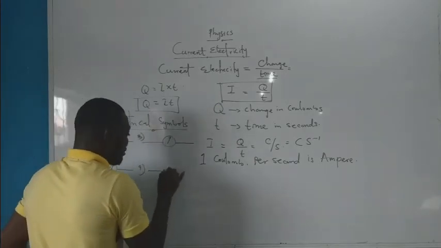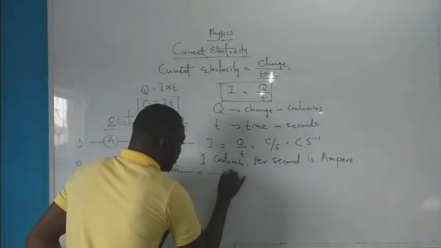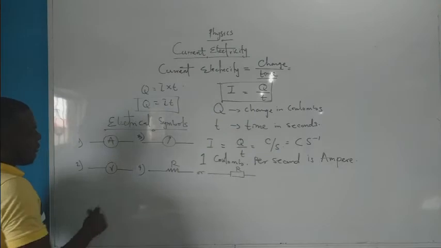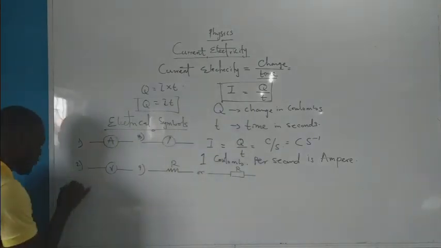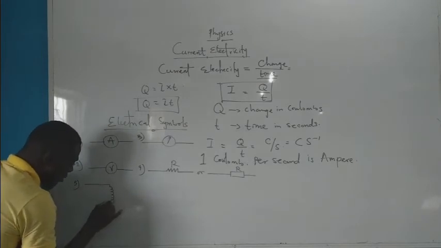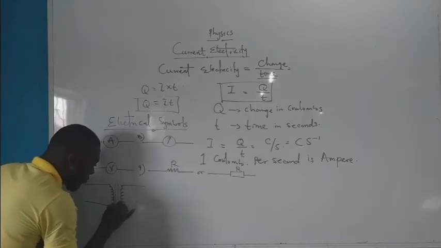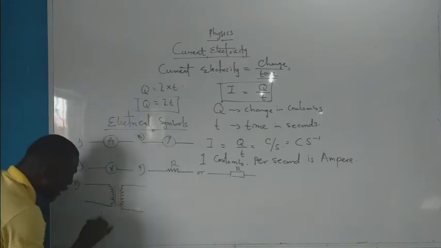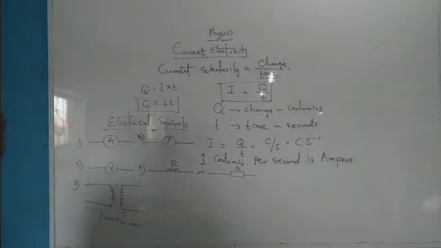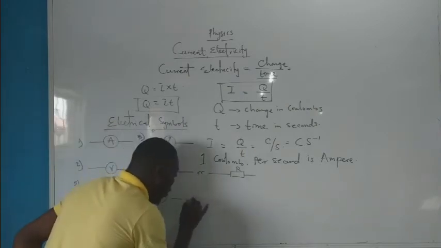Fourth, we have the resistor, or this. For the fifth, we have this, which is what we call a transformer. Then we have the variable resistor.